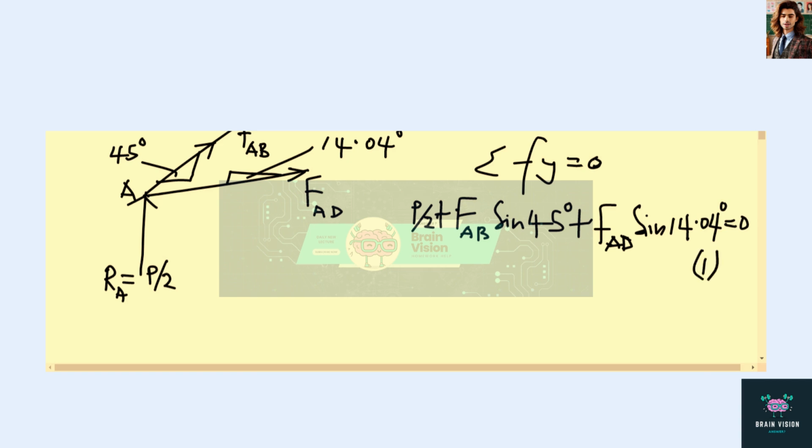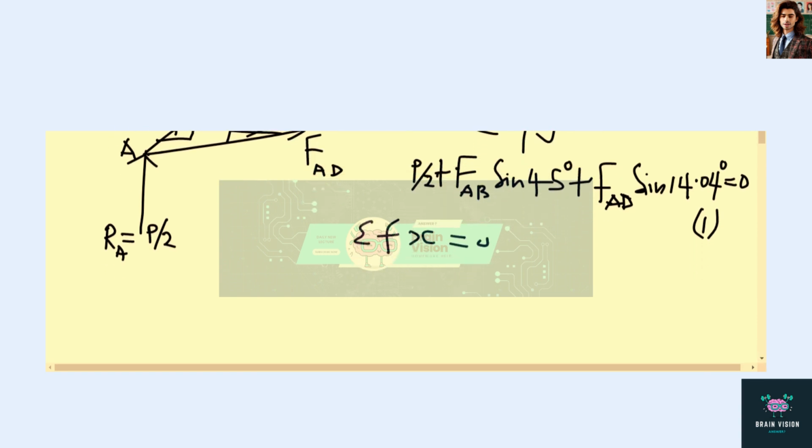Then if we take the summation of forces in the horizontal direction, just use the diagram. That's why the diagram is there. You have that force F sub AB, and when you resolve it, it will give you cos 45 degrees.